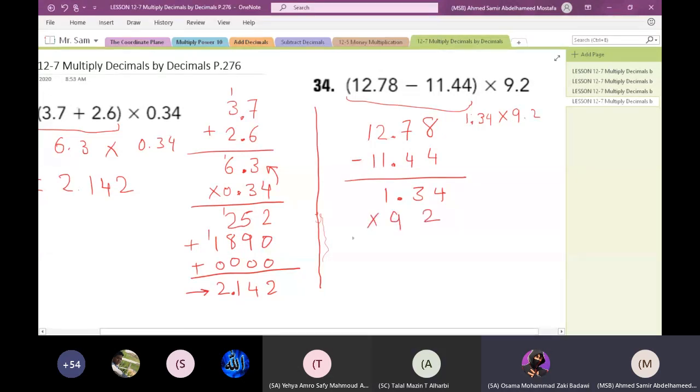Can you align them? Yes, I've already done that. You can see it? Okay. 4 times 2 equals 8. 3 times 2 equals 6. And this will be the decimal point, and 1 times 2 equals 2.